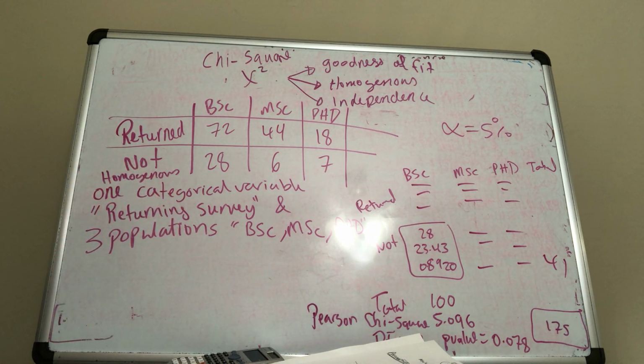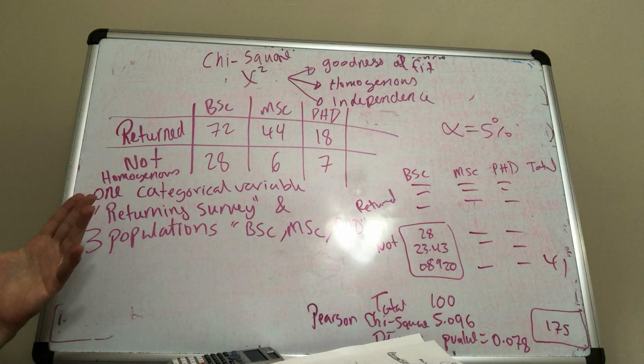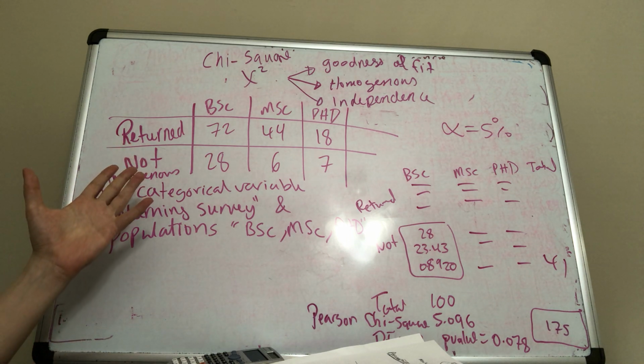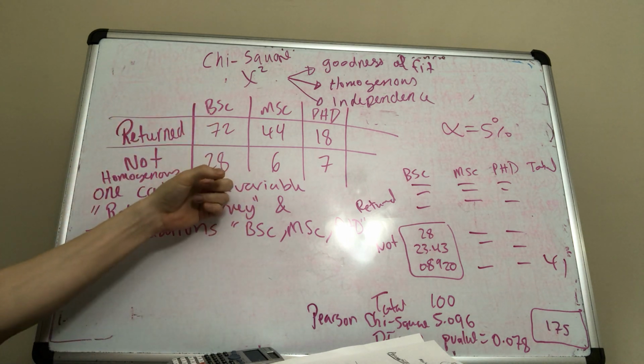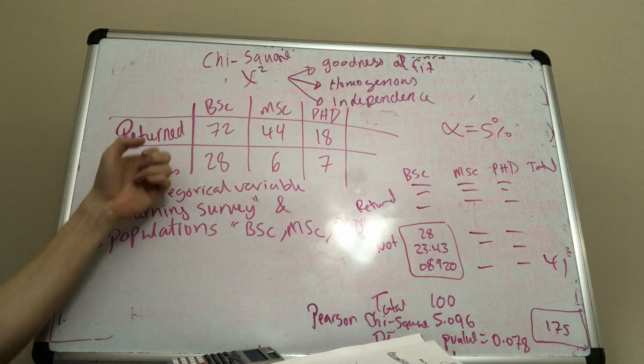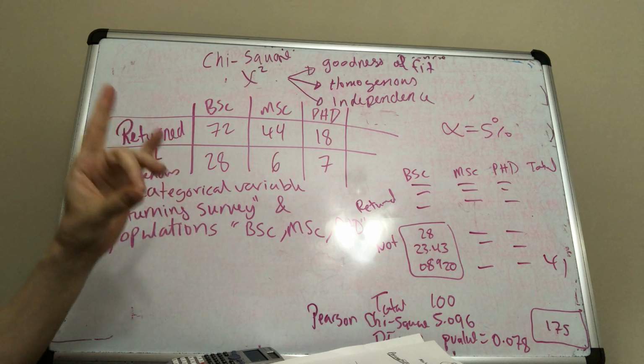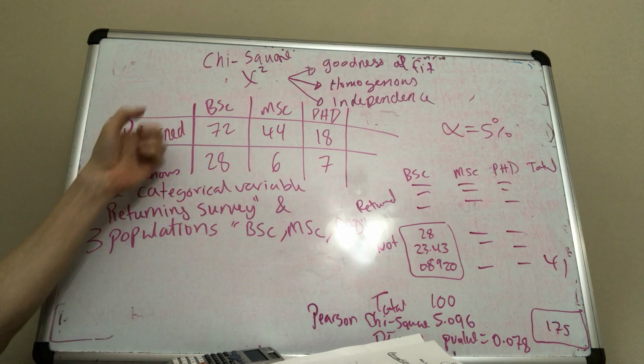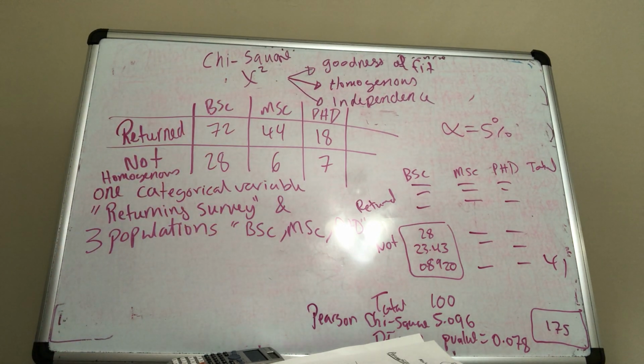This is homogeneous. And independent, they could tell you that you have 1 sample selected, and then they divided them into bachelor, master, PhD, and they asked them a question. In this case, you have 1 population, 2 categorical values.